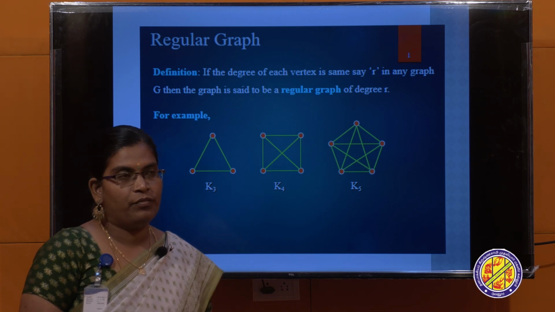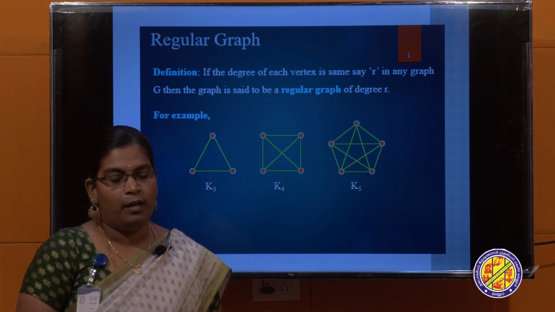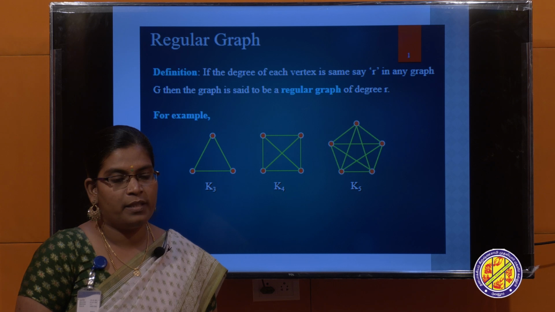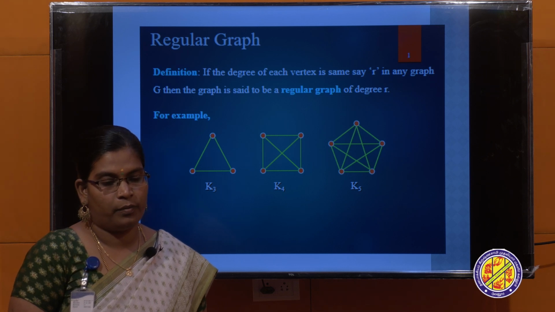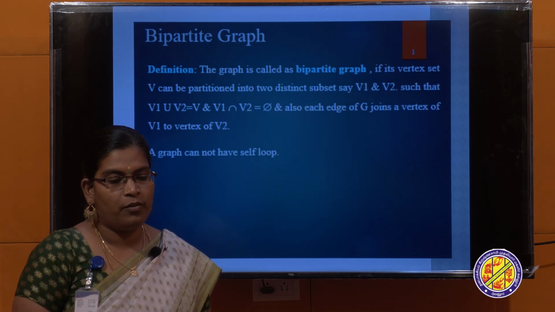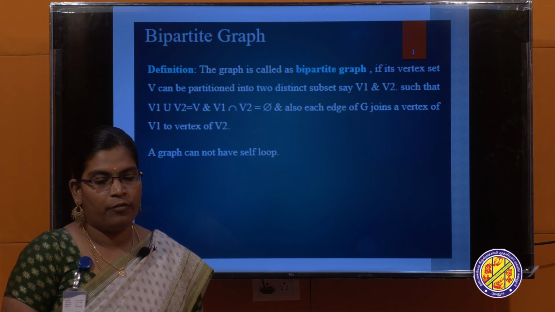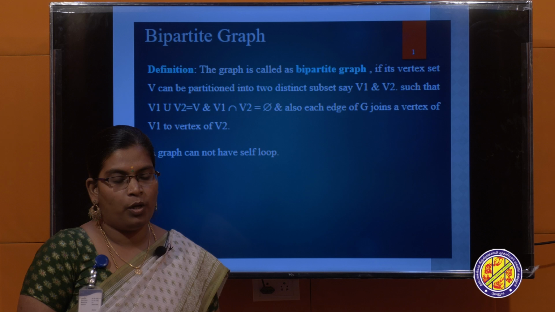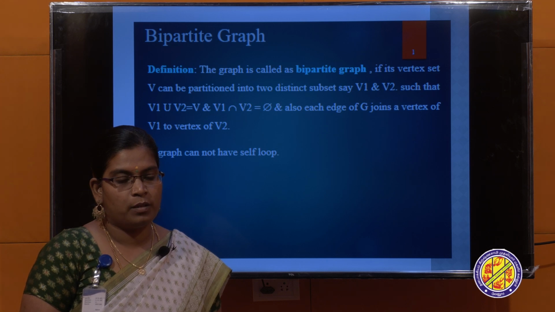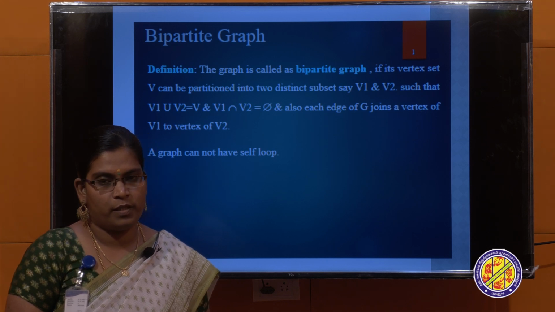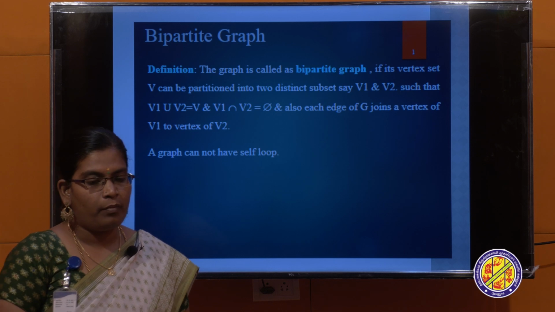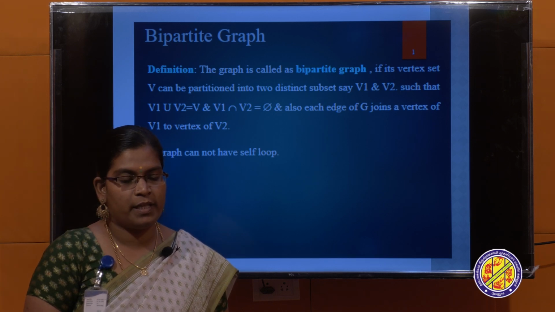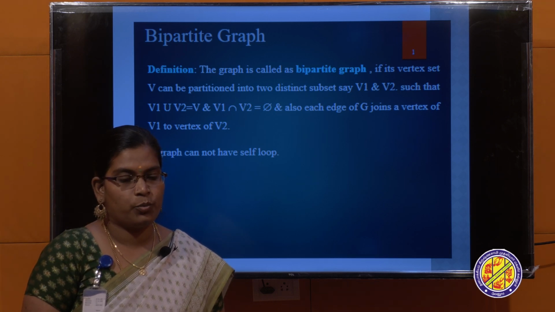Regular graph. If the degree of each vertex is the same in any graph G, then the graph is said to be a regular graph. Bipartite graph. A graph is called a bipartite graph if the vertex set can be partitioned into two distinct subsets, say V1 and V2. The union of these two vertex sets is V and the intersection of these two vertex sets is empty, and each edge of G joins a vertex of V1 to a vertex of V2.